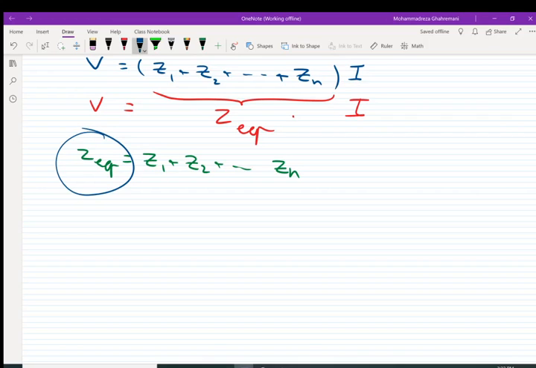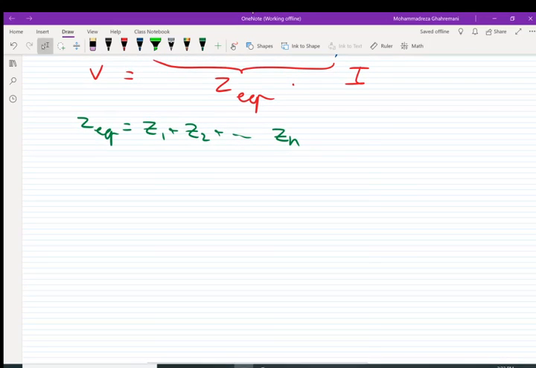Capacitor and inductor impedances are imaginary, and resistor impedance is real. So the total Z, which is Z equivalent, is a complex number. We can show this Z equivalent in the form of a complex number: the real part, which is the resistance, and the imaginary part, jX.